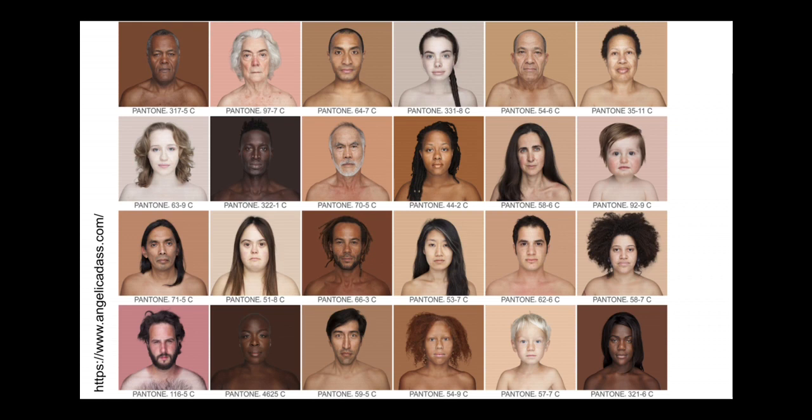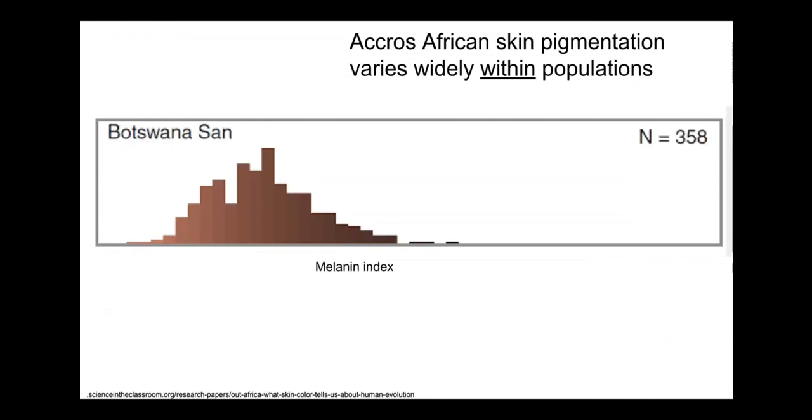She takes photographs of individuals and then matches a background to their skin tone. One of the goals is to show the variability of human skin color and how simple words like black, brown, and white don't really encompass all the variation and variability of human skin pigmentation.